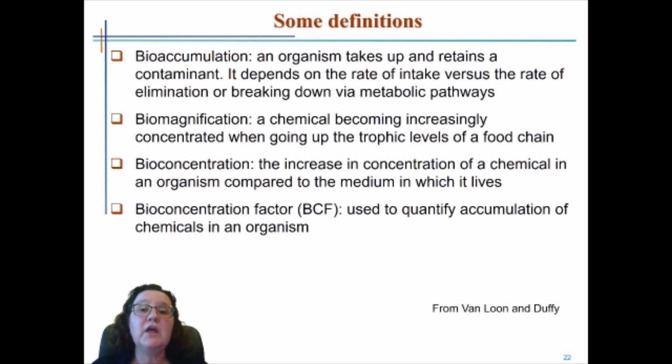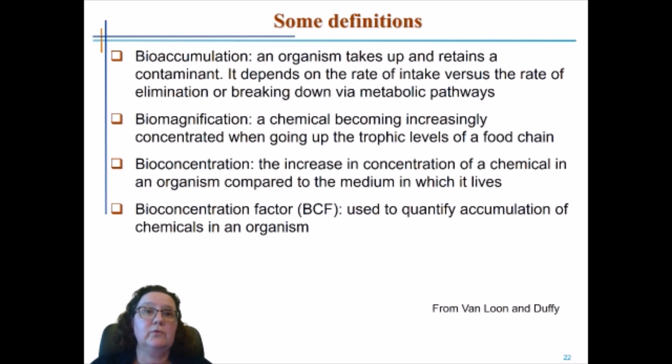Biomagnification is when a chemical has entered the food chain and it becomes concentrated as you go up the trophic levels of the food chain, which eventually finishes with us humans. Bioconcentration looks at the concentration of a chemical in a particular organism compared to where that organism lives.